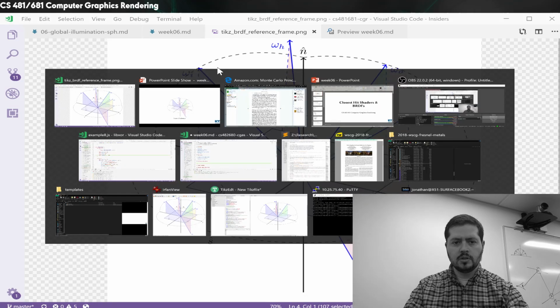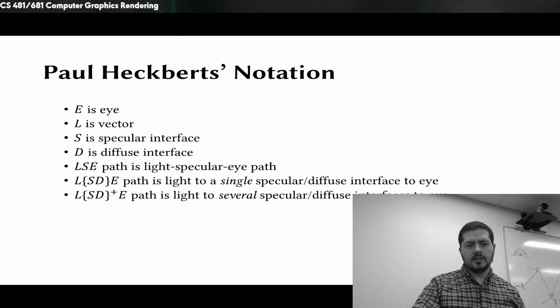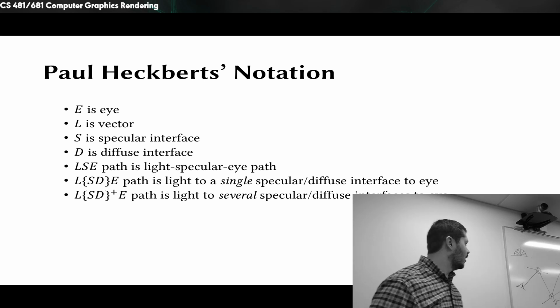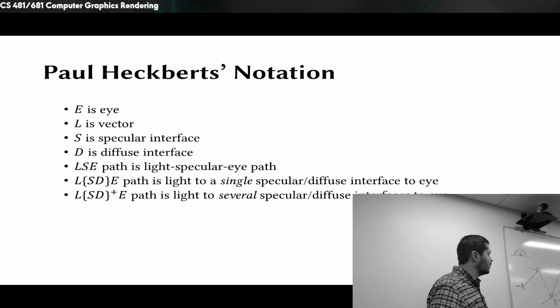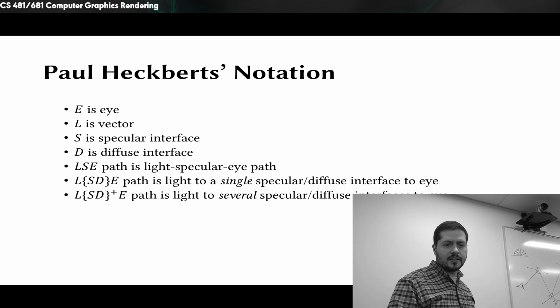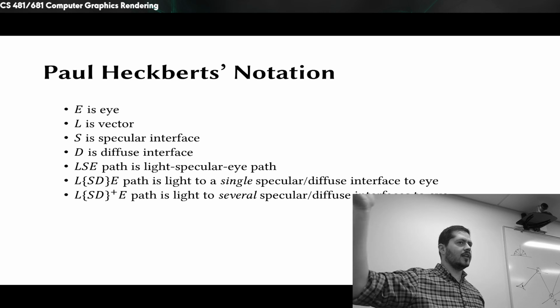Okay, so let's go over here. Just as a matter of review, we talked last week about Paul Heckbert's notation, where we used the term E for the eye, L for the light vector, S is a specular interface, D is a diffuse interface, and this is just a way of talking about different kinds of light paths.